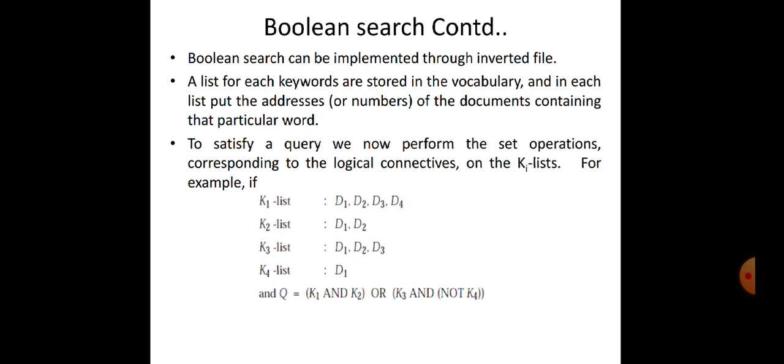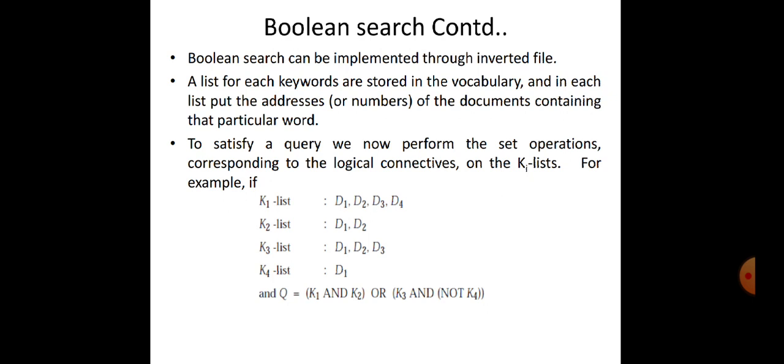So when one particular query, one particular word, comes, we can search this data structure and find the corresponding documents which are present. In that way we can retrieve the documents. For example, we have the K1 list. That means the index term K1 is present in D1, D2, D3 and D4. These lists are known as Ki lists.